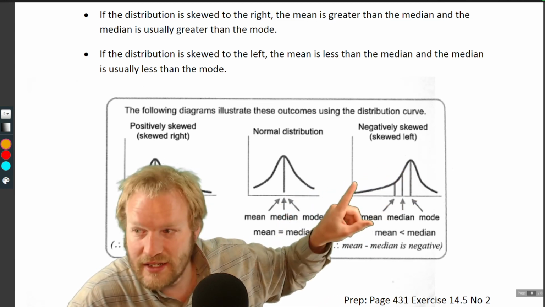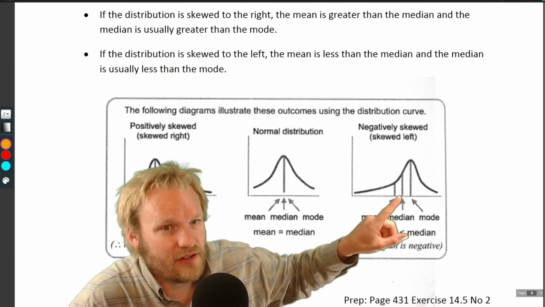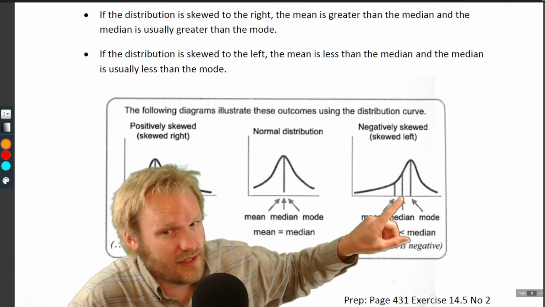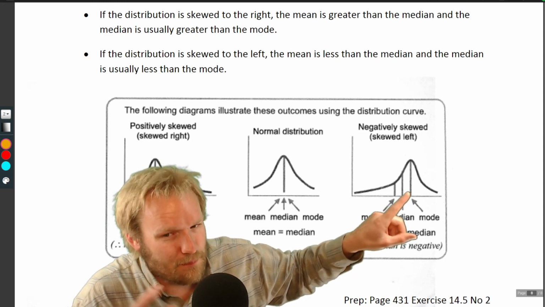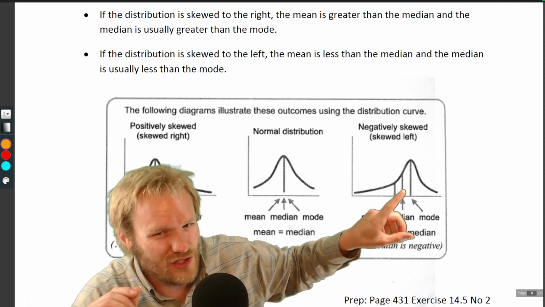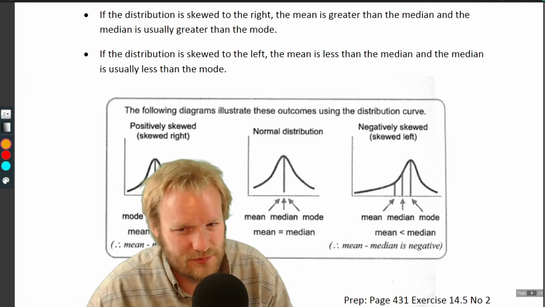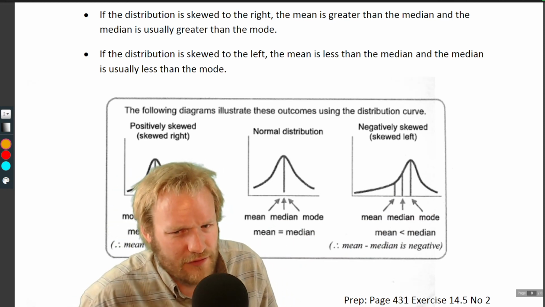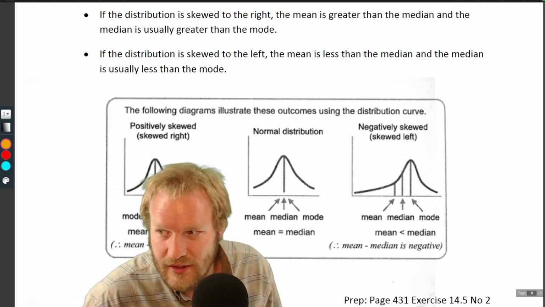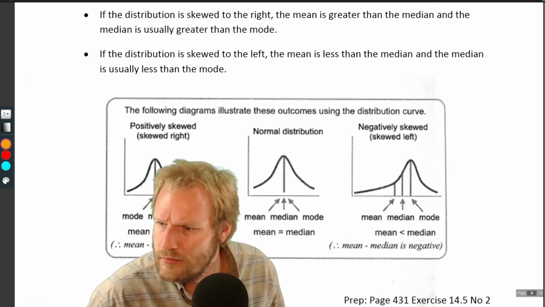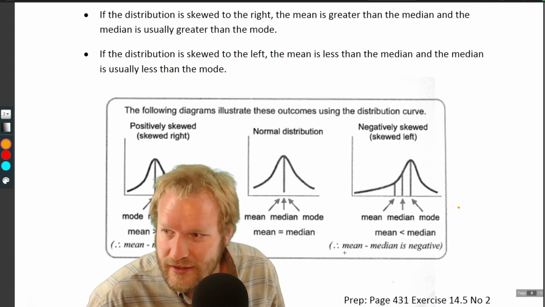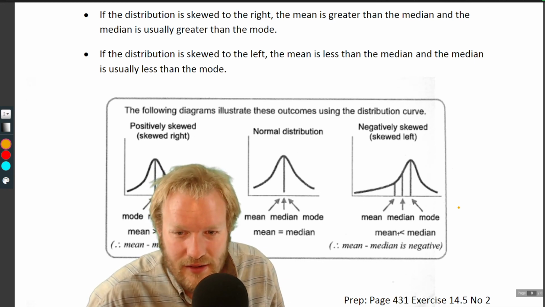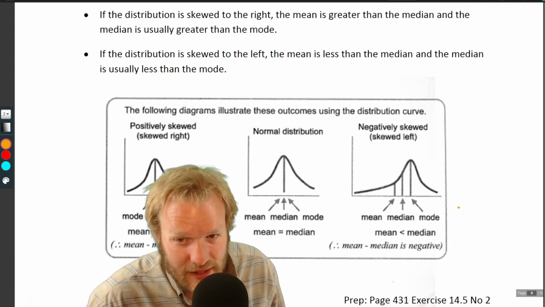So the median, the person driving in the middle speed, is sitting to the right, but our mean, that you call average, is to the left. So therefore, if the mean is less than the median, then the mean minus the median is negative.